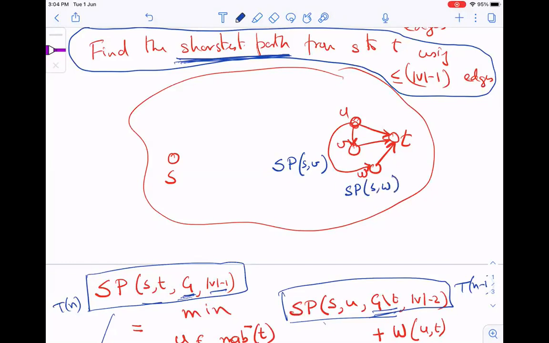That means what about this remaining stuff? So you want to compute the shortest path of length k minus 1 from S to V. You want to compute the shortest path from S to V, S to W in k minus 1, right?